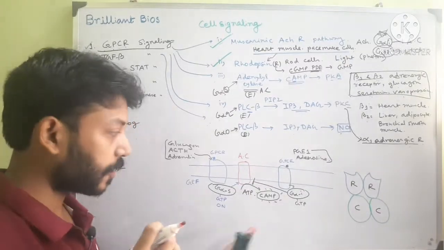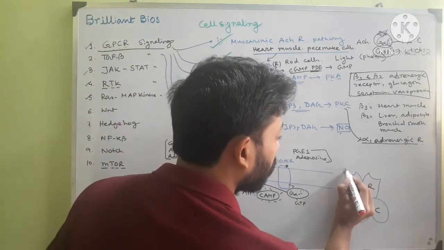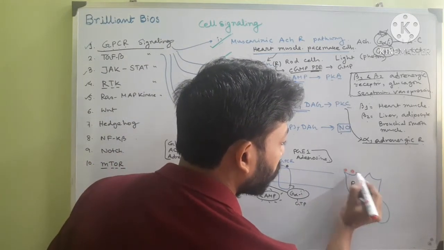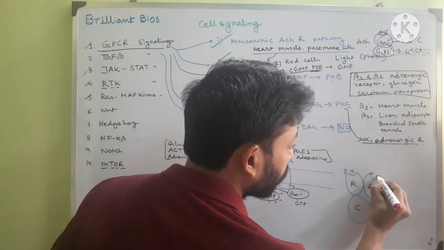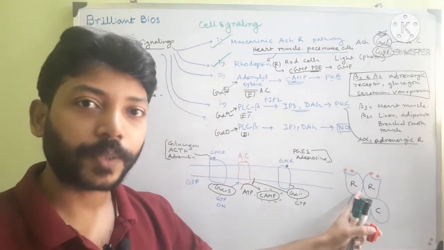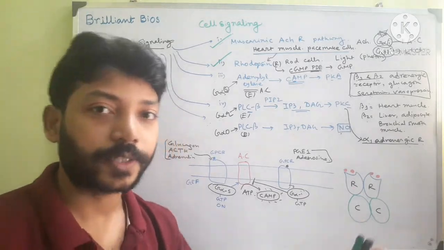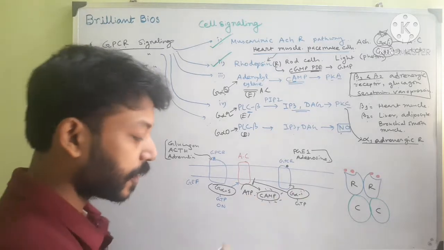Two cAMP can bind with each R subunit. So if cyclic AMP binds with this regulatory subunit, then a structural change occurs in the R subunit of the PKA, so that it can no longer bind with the C or catalytic subunit.